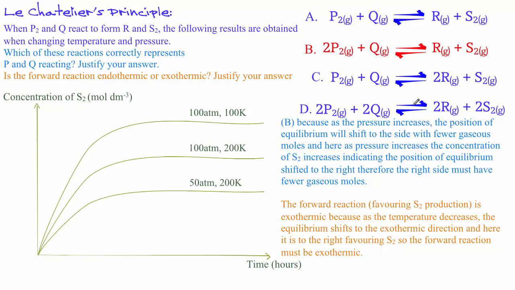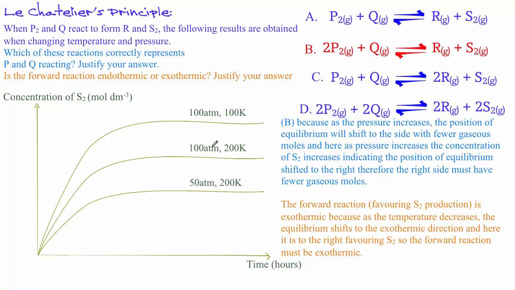Changing pressure would have no influence on position of equilibrium, whereas part C, if the pressure had gone up, position of equilibrium would shift to the side with fewer gaseous moles, i.e. to the left. In order to go to the right, the pressure would have had to go down in option C. However, in this particular example, S2 is increasing, so comparing these two, temperature stayed the same, pressure increased.